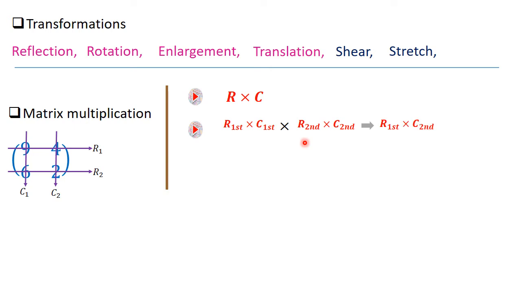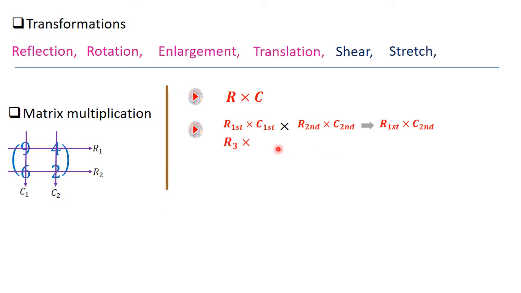To explain what that means, if this forms the order of the first matrix and this is the order of the second matrix, they are multiplied together in this particular order, then the resulting matrix will be of order R first times C second. That means the number we had here will be the number of rows of the resulting matrix, and the number we had here will be the number of columns in the resulting matrix.